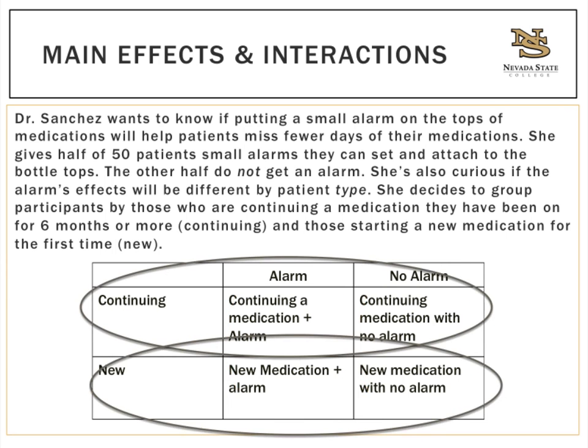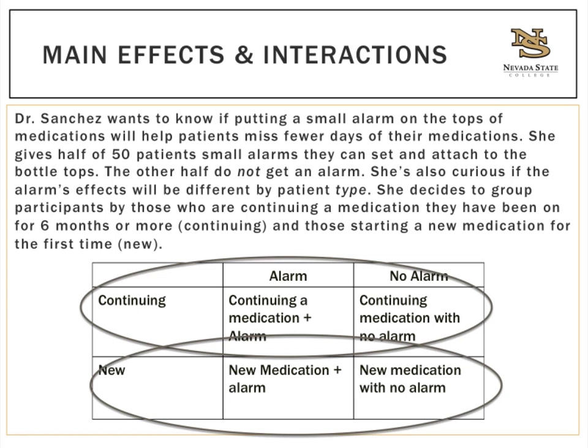So now we're going to look at whether continuing a medication results in fewer missed days or starting a new medication results in fewer missed days. So we can look at both of these, what we call main effects, separately. Okay, so we can first look at the effect of the alarm, and then we can look at the effect of continuing a medication versus a new medication.